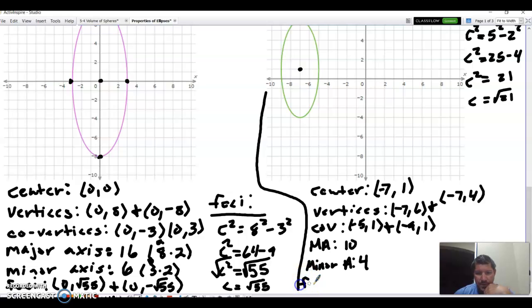So my foci are at negative 7, 1 plus square root of 21. And you know what, I'll just say plus or minus square root of 21 because I don't have the space right there. Negative 7, 1 plus or minus the square root of 21.